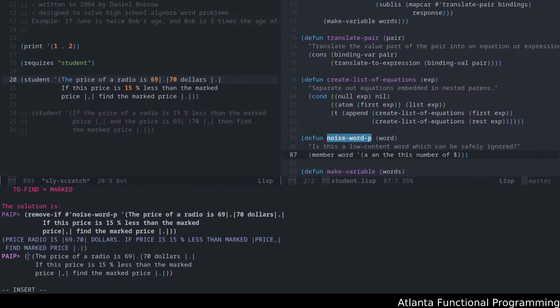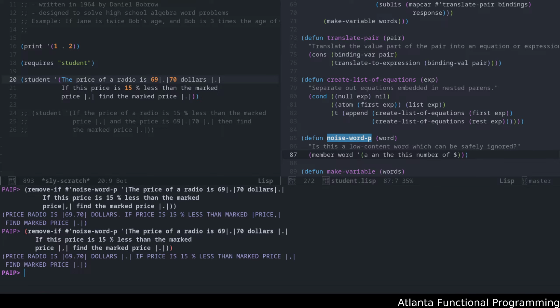Okay, and then let's run remove-if-noise-word-p on this, and that's what happens. So it got rid of 69. It got 69.70, so that's why it's getting parsed correctly. If it's 15% less than marked, it's getting parsed too.